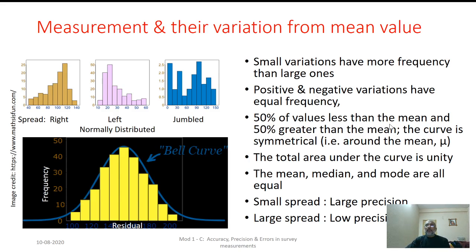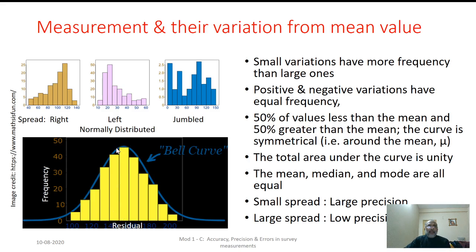Hence, 50% of the values are less than the mean and 50% are greater than the mean, so the curve is described as symmetrical. As we have this normal distribution, the area under the curve is unity, that is 1, and the mean, median, as well as the mode are equal.